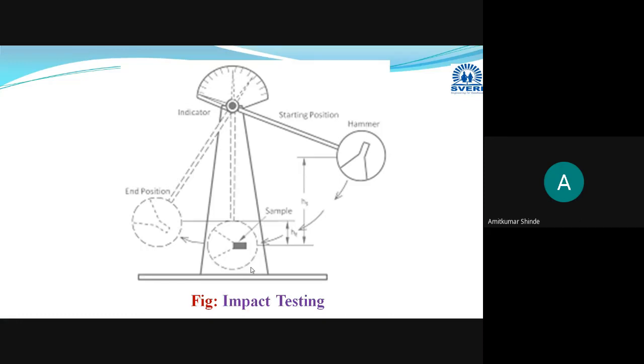A very small difference will be there. The process is almost similar in both testing methods. Just the arrangement of the specimen is different, or there is a slight change in the specimen fixation method.